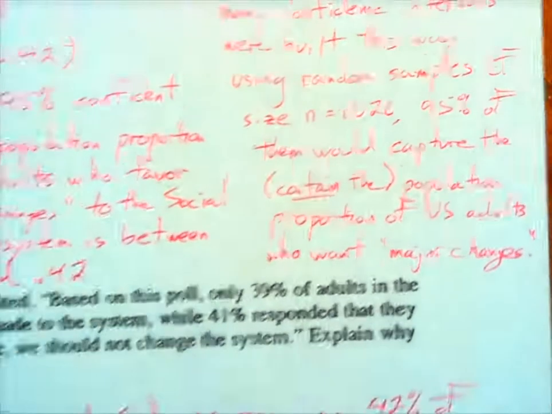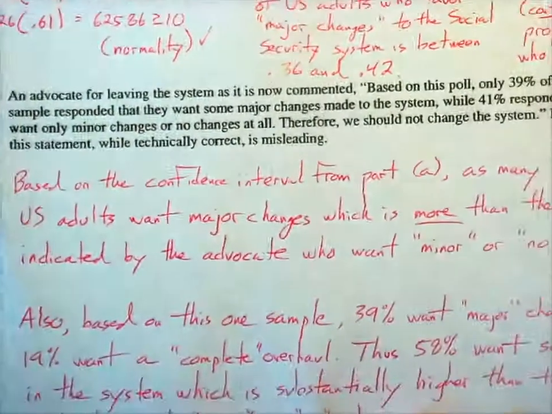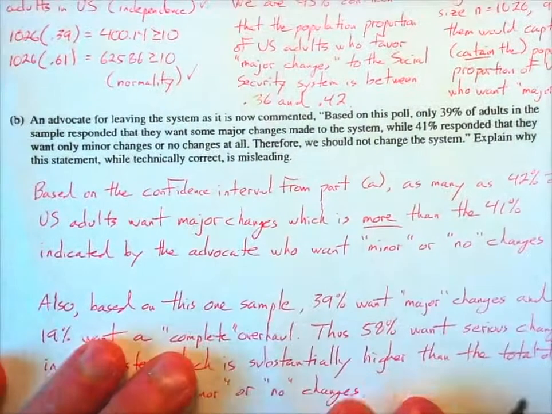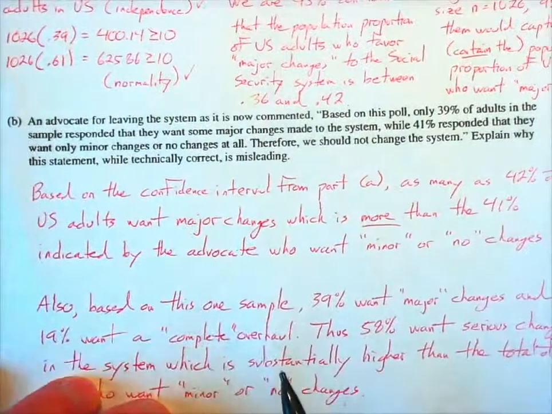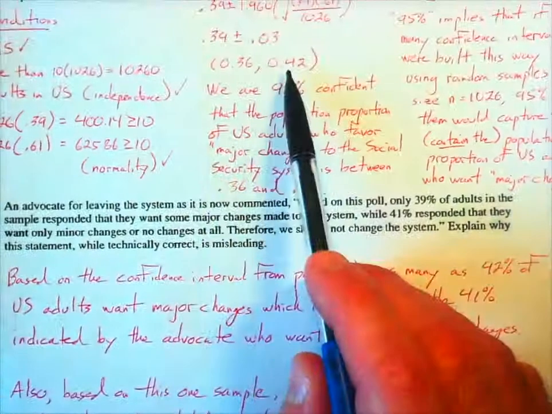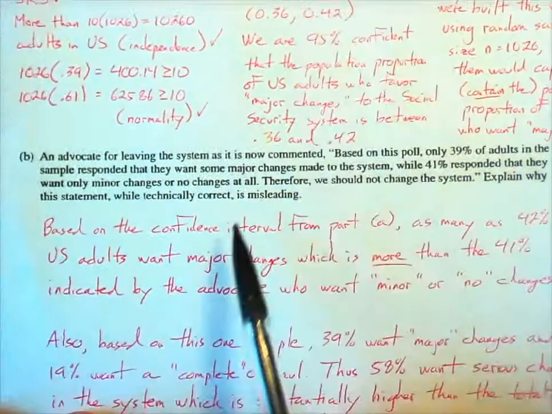So in order to answer part B, there are a couple of ways to do it. Notice part B does not explicitly state that you have to use your result from part A. So I first wrote about an answer using that result. Notice that the confidence interval from part A contains 0.42, at least the way that I rounded it.